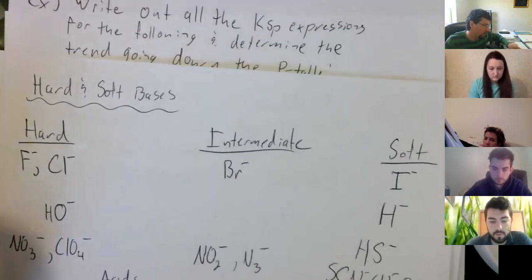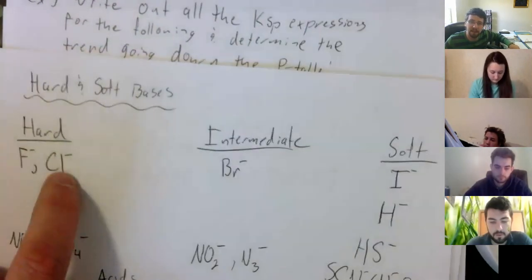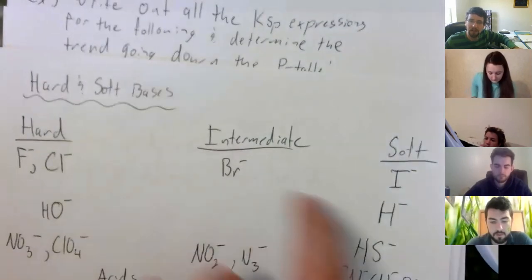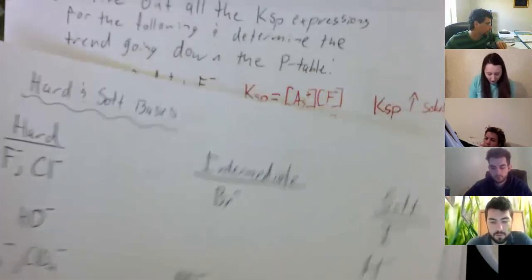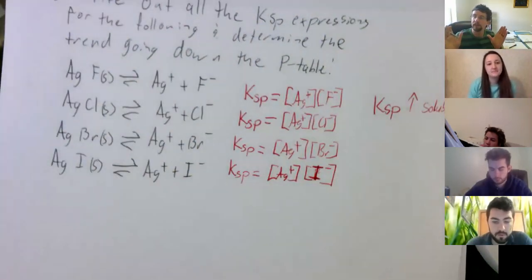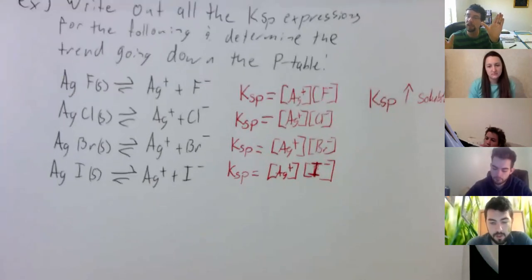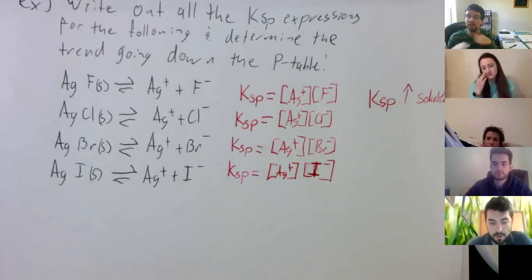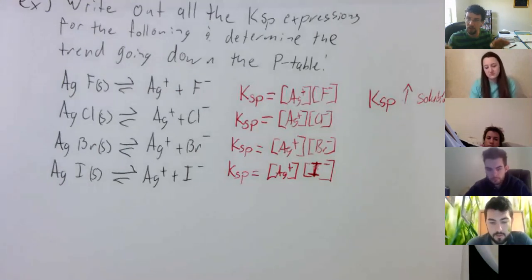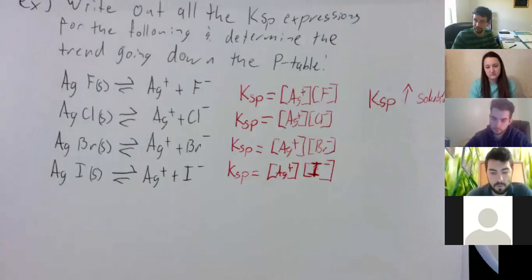Now, F minus is hard, Cl is hard, Br is intermediate, I is soft. Soft ions mix the best together. They form the strongest interaction. If you have a mismatch, hard and soft, they don't have the best interaction. Two hards meeting up is good too.